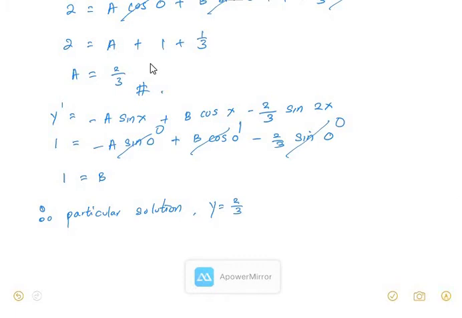This is the value of a, plus b. b is 1. So remember the sin x plus 1 over 3 cos 2x. Okay, so this is how you answer for the question 2, example 2.8.